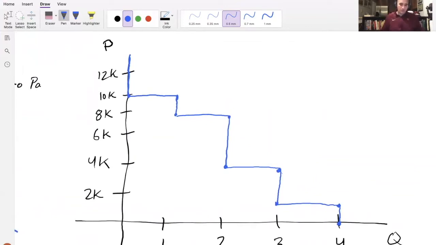So one of the things we were interested in was figuring out what the consumer surplus was when price equaled 9,000. And we saw before it ended up being equal to 1,000. The way to do it graphically is to start out by drawing a horizontal line at p equals 9,000.